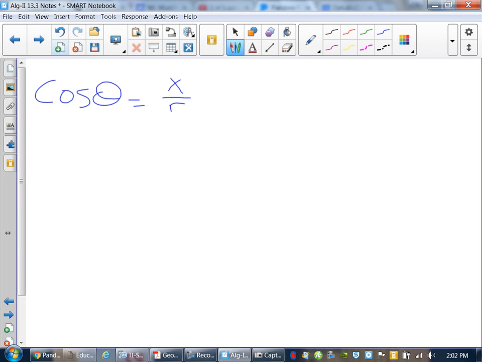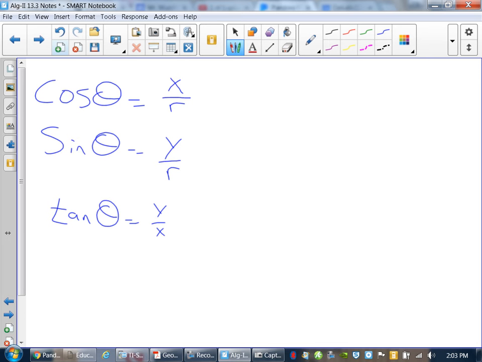But I want you to see why I'm doing it this way. And we just said tangent was y over x. What comes first in the alphabet, x or y? What comes first in the alphabet, cosine or sine? Cosine. Cosine is your x value, sine is your y value in an ordered pair.